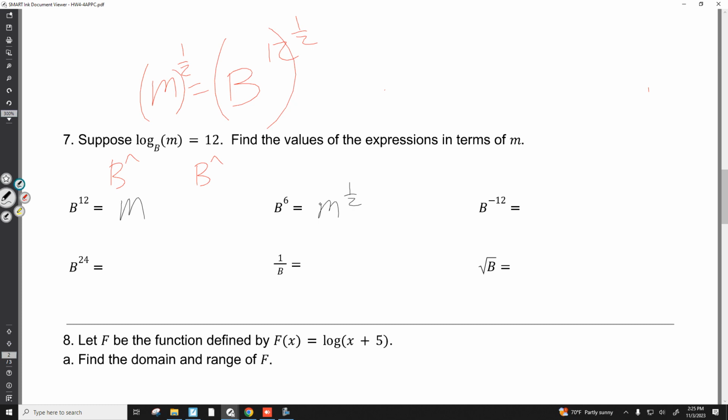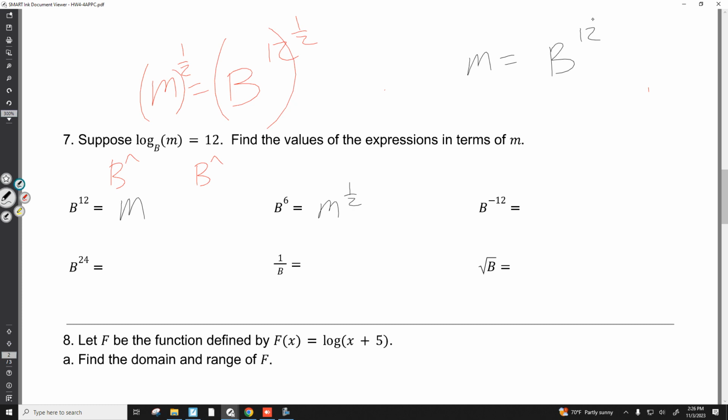No, you're wrong. What is this? No, just be a negative m. So m squared, you're saying? Like I want m. Yo, it's all gonna come back to m equals b to the 12th.